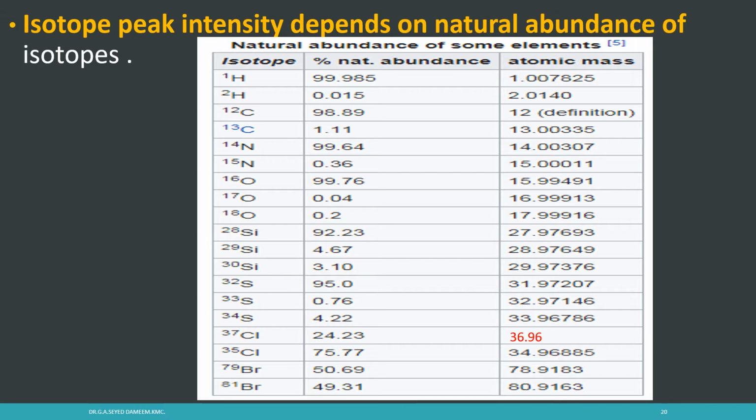But some elements like sulfur, chlorine and bromine have isotopes in larger amounts. The sulfur-34 isotope exists at 4.22 percent, the chlorine-37 isotope at 24.23 percent, and bromine-81 at 49.31 percent, almost equal to the percentage of normal bromine. So this slide shows the natural percentage existence of isotopes of various elements.